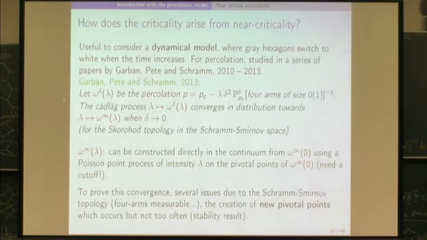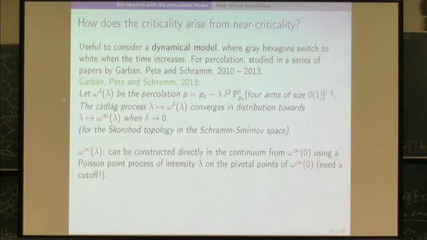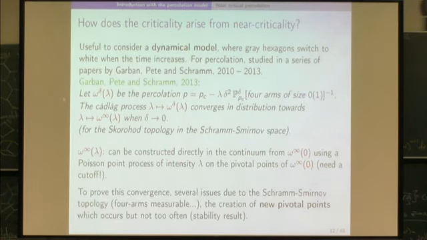But of course it's not so simple, because the measure on pivotal points is not nice, so you need a cutoff to make sense of this. Instead of looking at all the pivotal points, you look at the pivotal points which have an importance greater than epsilon. Then you have to show that when epsilon goes to 0, it converges.